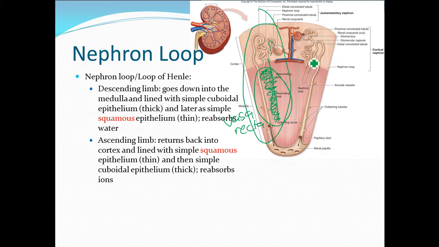Okay, and then you have capillary beds over here around the convoluted tubules. Those are called, well, it's next to the tubules, right?